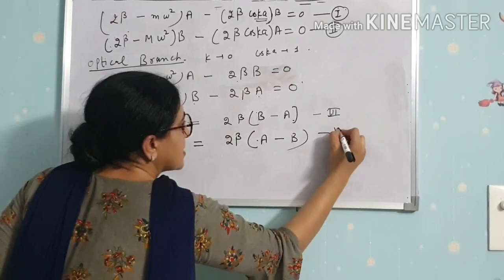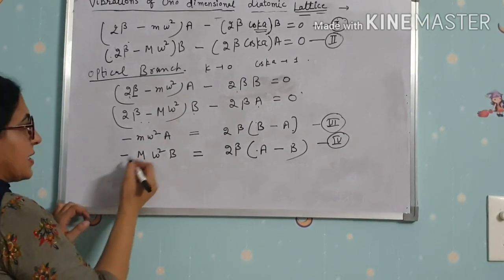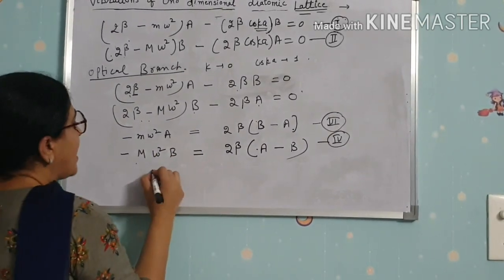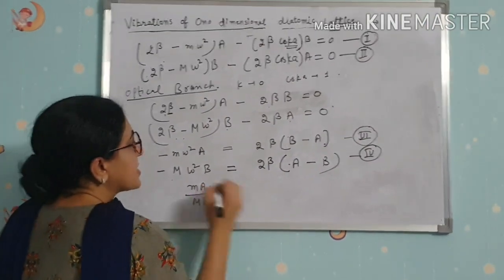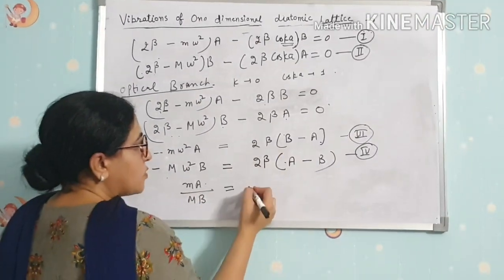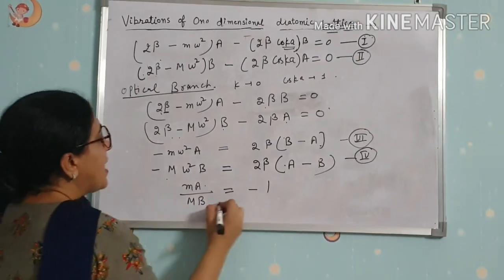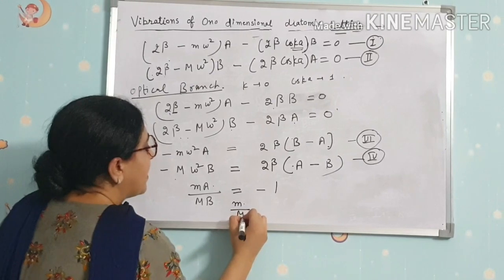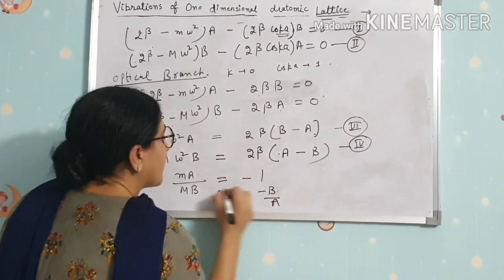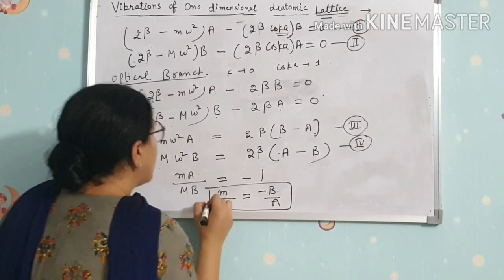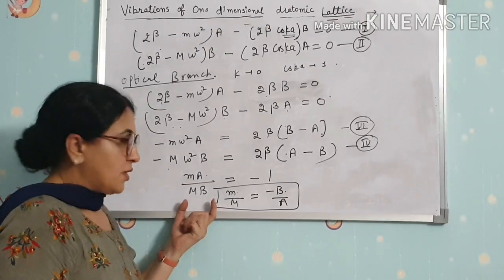Minus goes with minus, omega square with omega square, 2 beta with 2 beta, and this is minus 1. So m A over capital M B equals minus 1, or m over capital M equals minus B over A. This is for the optical branch.